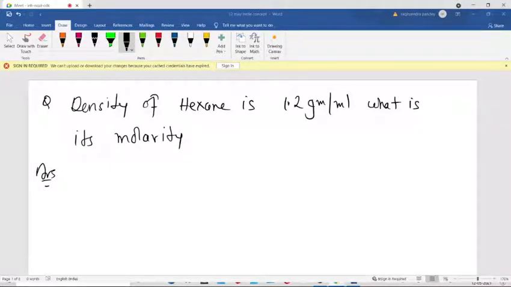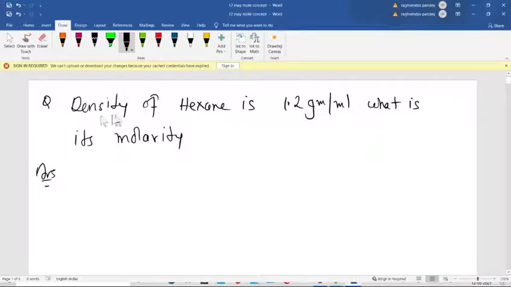Okay, now it is. So this is the question. Density of hexane is this one, 1.2 gram per ml, and you have to find the molarity of hexane. So please try to solve.